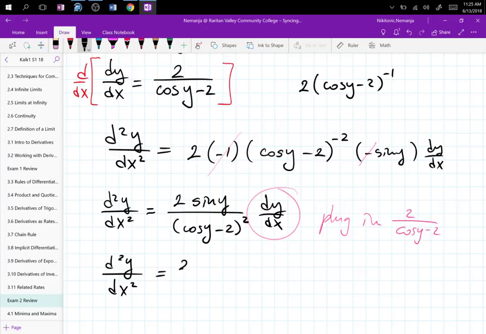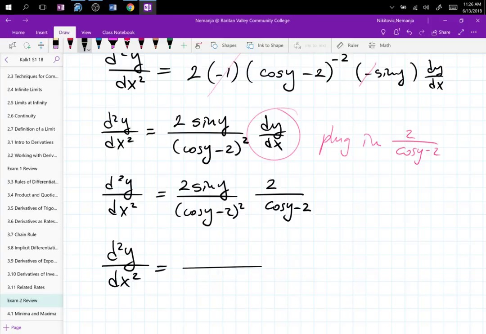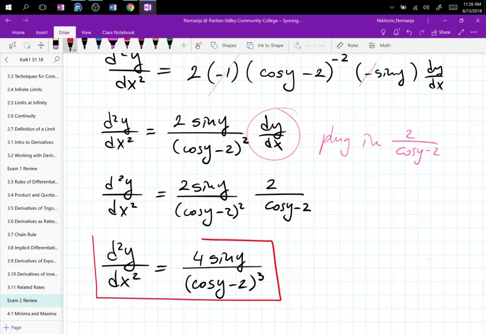So now I have 2 sine y divided by cosine y minus 2 squared times 2 over another cosine y minus 2. So the final answer over here would be 4 sine y over cosine y minus 2 cubed. And that would be it. That's the final answer.